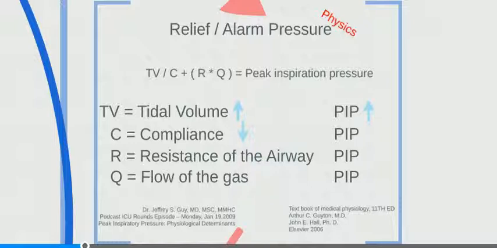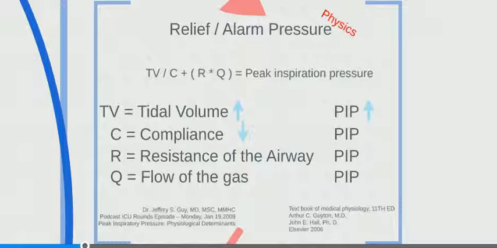If you lower the compliance of their chest, what's going to happen to their peak inspiration pressure? One that was actually told by Dr. Jeffrey Guy: someone is doing heart surgery on a patient, and the resident wants to look in, but for some reason the inspiration pressure is going off and alarms are firing off, and what happened is the resident was leaning in on the chest, lowering the compliance of the thorax.